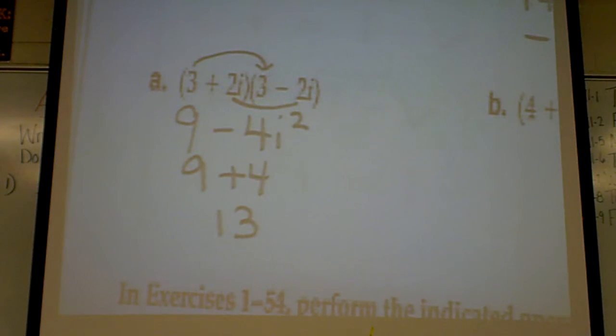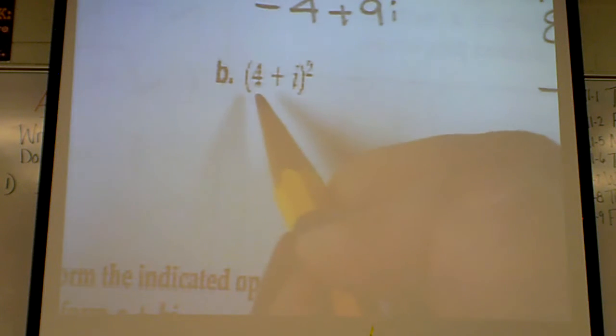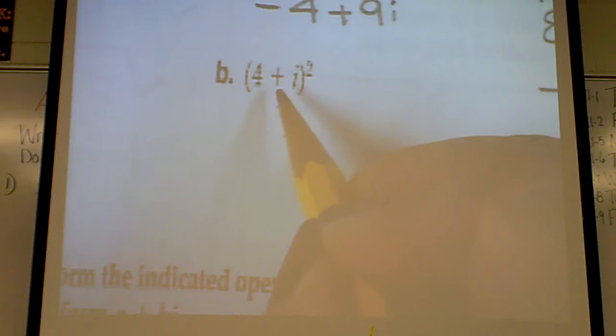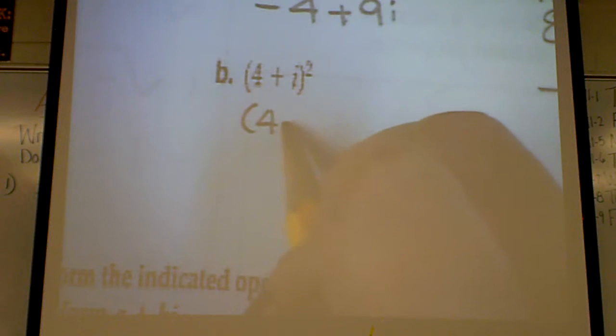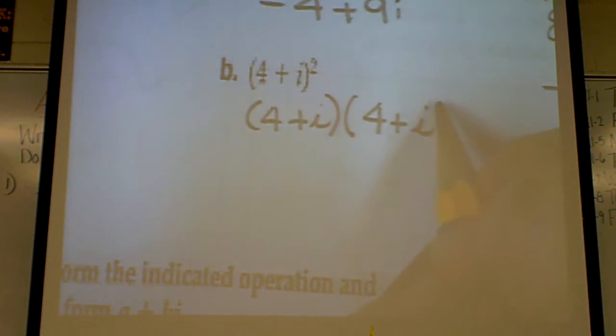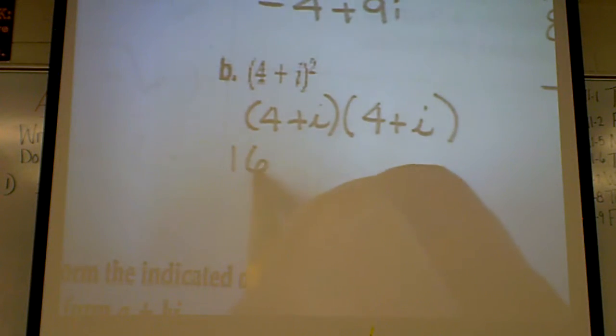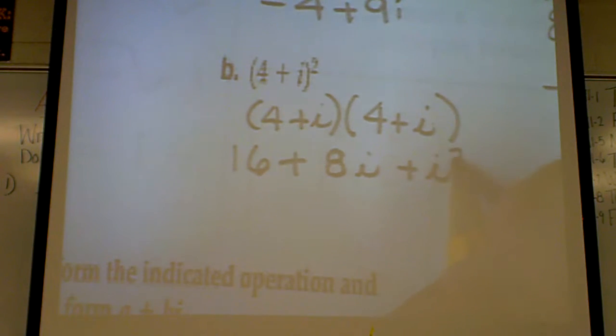And I put B here because a lot of you guys think you're going to distribute this 2. Some of you will write 16 plus i squared, and then you'll write 15 for an answer. Is that the right answer? It's 16 plus 4i and 4i is 8i, and then plus i squared.